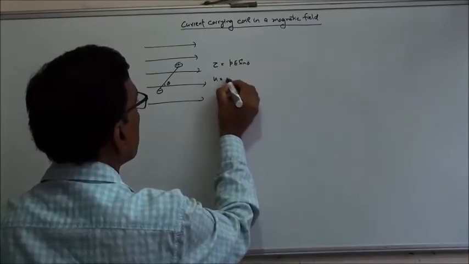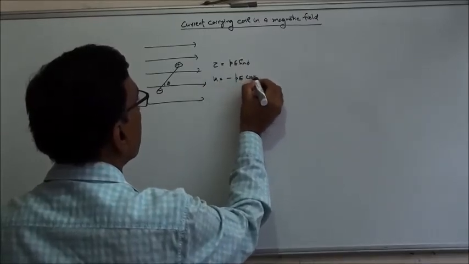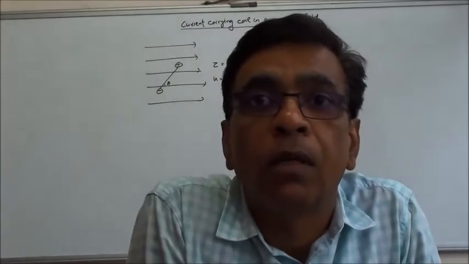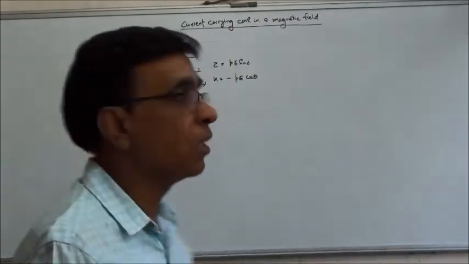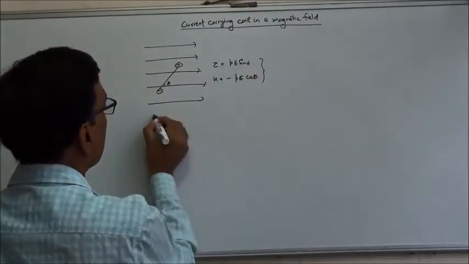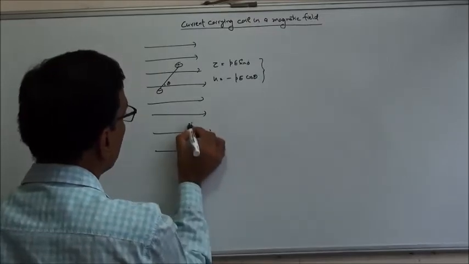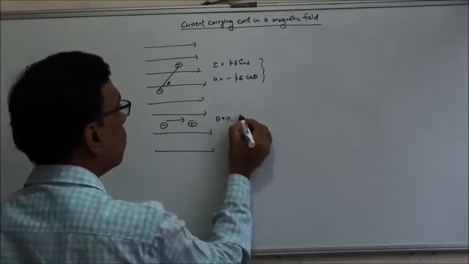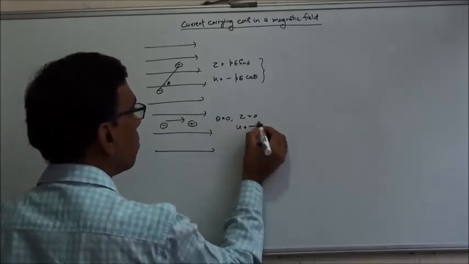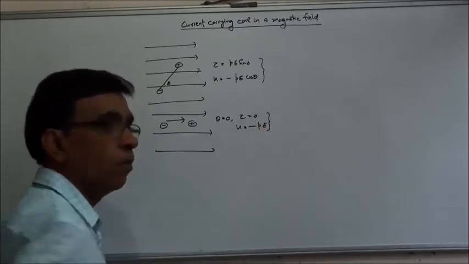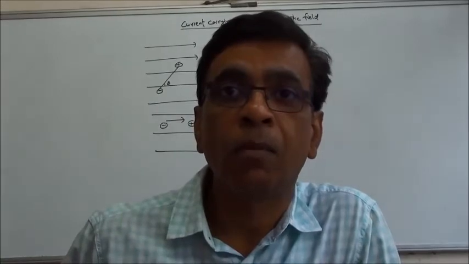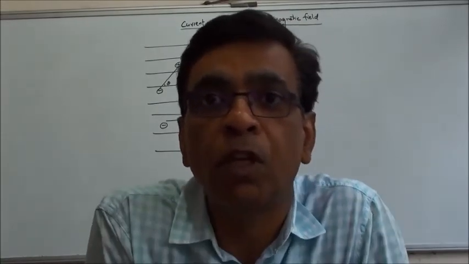Then we derived an expression for its potential energy also and found the two positions, one for stable equilibrium, another for unstable equilibrium. Plus here, minus here. This is the direction of dipole moment, theta 0, so torque is 0 and U is minus PE. Stable equilibrium. Equilibrium means torque is 0. But if U is minimum, we call it stable equilibrium. If U is maximum, unstable equilibrium.